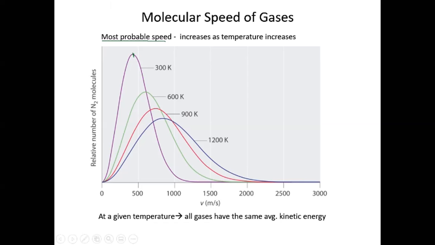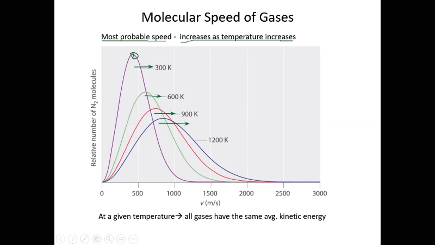What we should notice is that this most probable speed increases as temperature increases. So as you increase the temperature, you see that the most probable speed shifts to higher speeds.